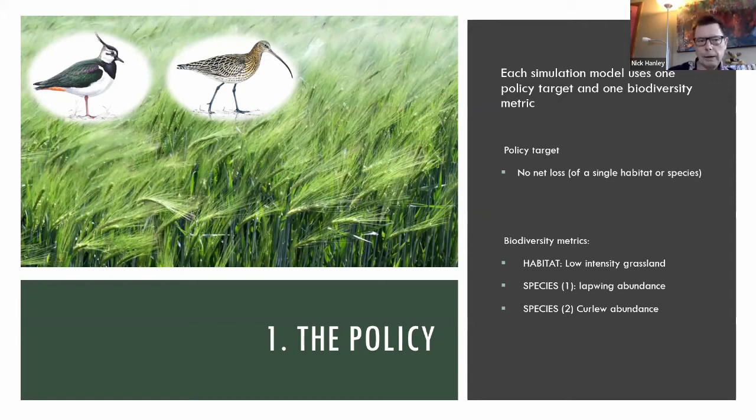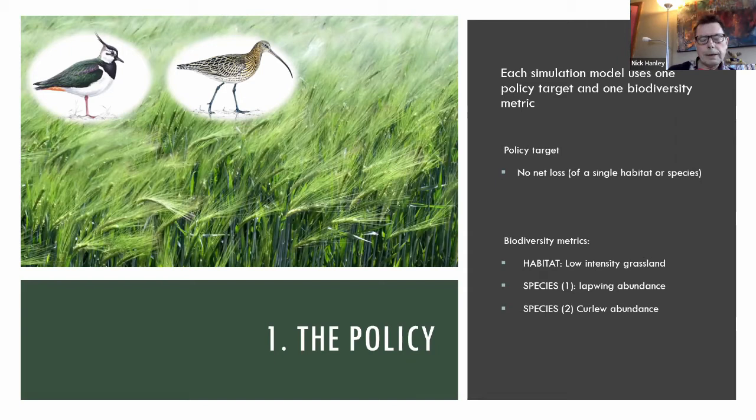We're talking about no net loss, and it's no net loss either of a single habitat, so that's going to be low intensity grassland, or no net loss of a single species. We compared two species which are subject to population decline across the whole of the UK at the moment, very unfortunately: the curlew on the right there with the long beak, and the lapwing on the left.